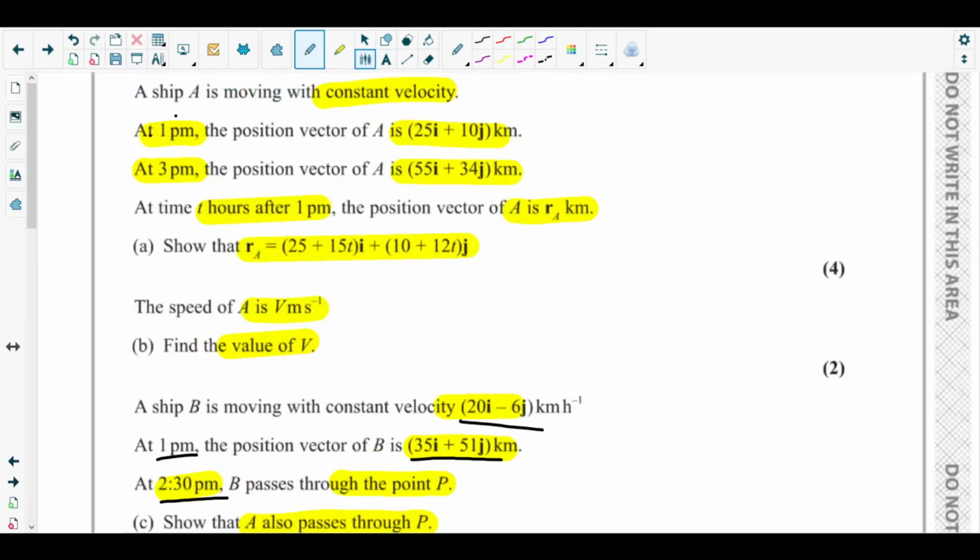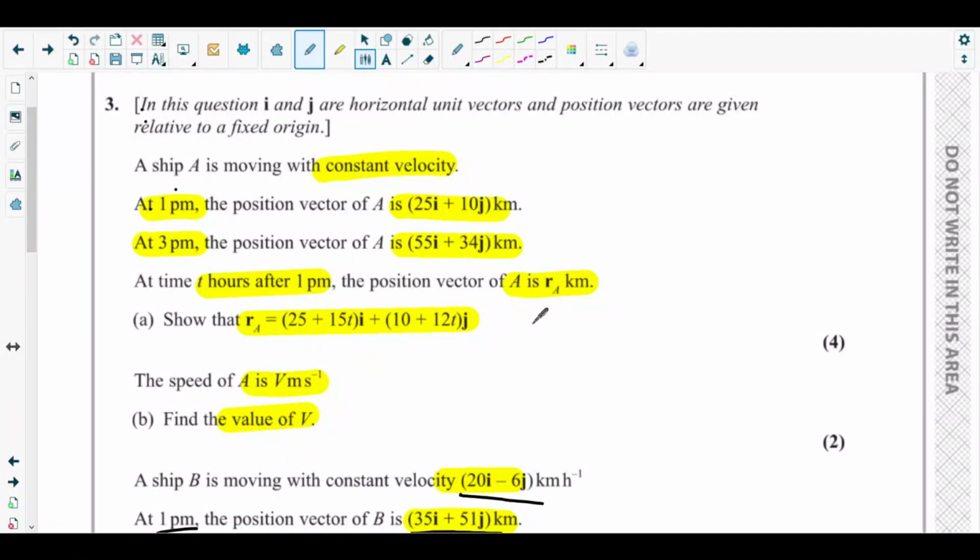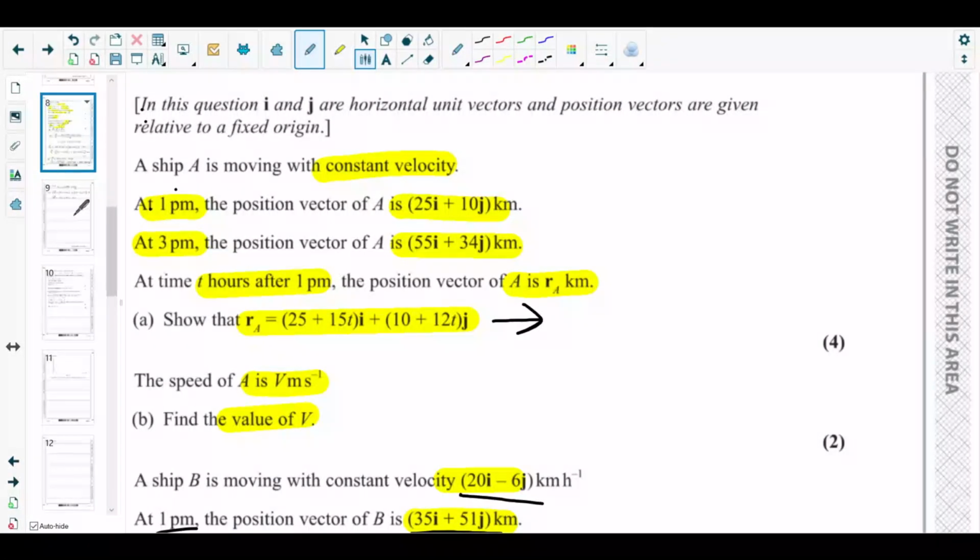So if ship A passes through point P, that means the position vector of ship A that we found in part A will be equal to the position vector of point P, right? Because if ship A passes through point P, the position vector of point P will be the position vector of ship A. So we will equate the i components.